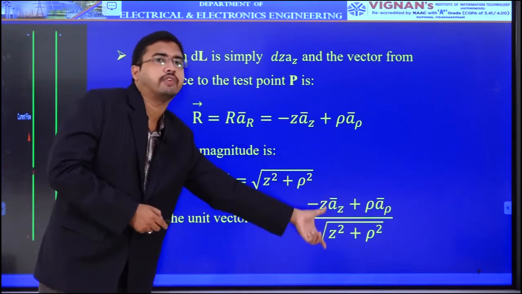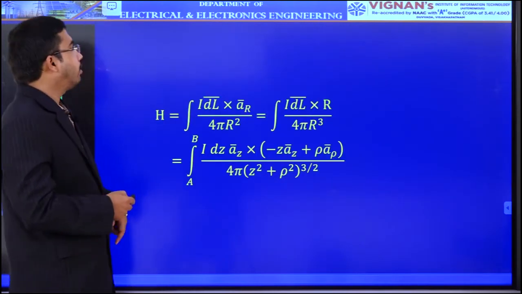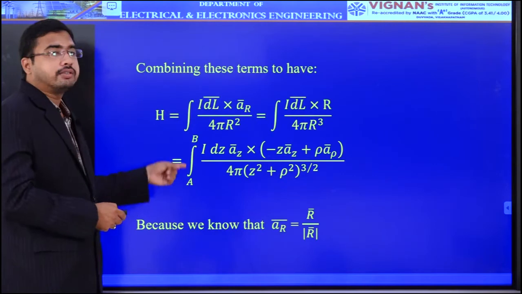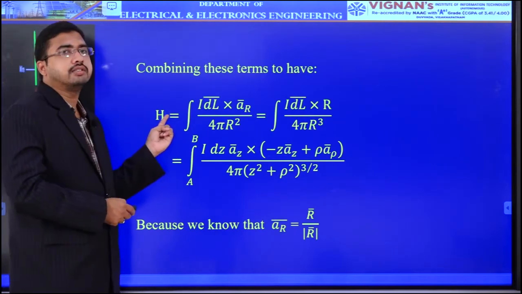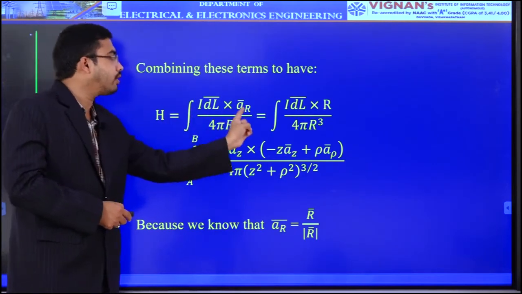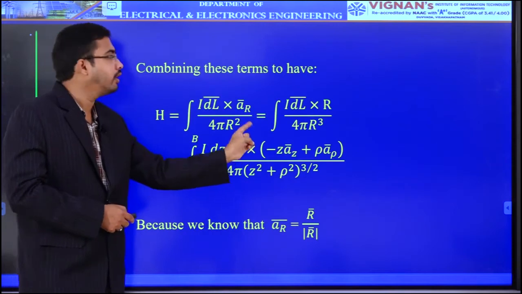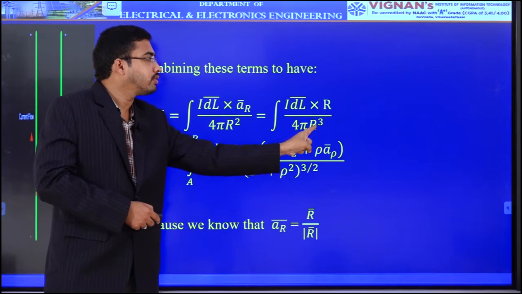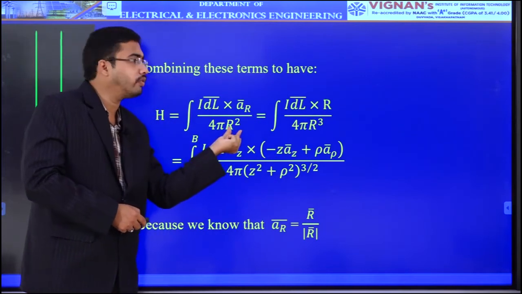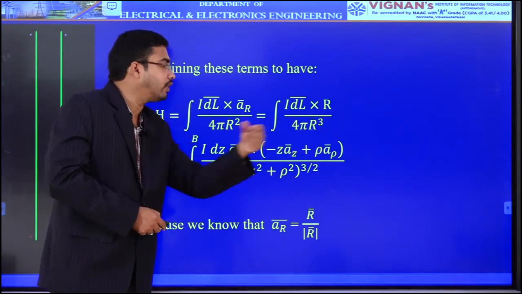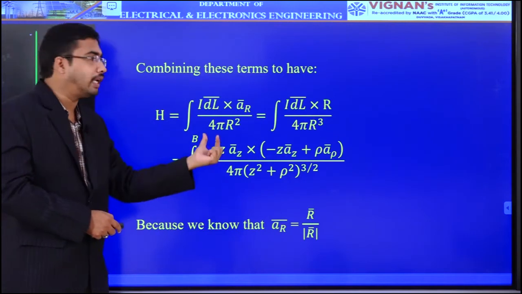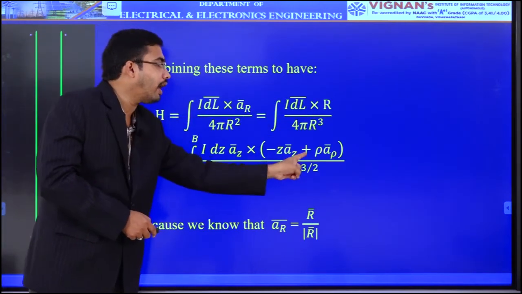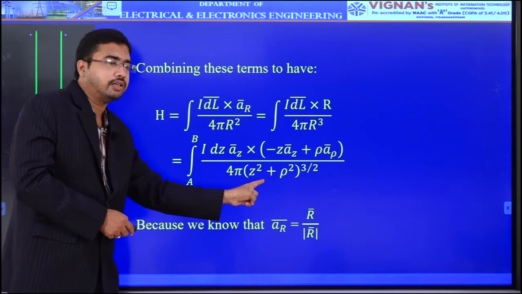I am substituting those values here. Now, from Biot-Savart's law, we already know that H is equal to the integral of I dL cross aR bar by 4 pi r square. Already aR is nothing but r by mod r. So here already you are having r square. So again if r comes here, that will become r cube. Just like the previous derivation, I am substituting the r value and mod r value.